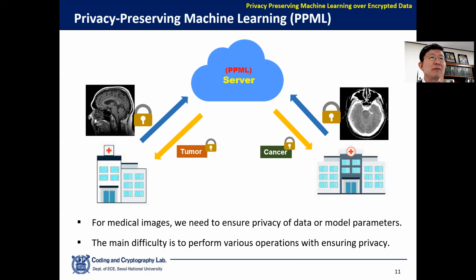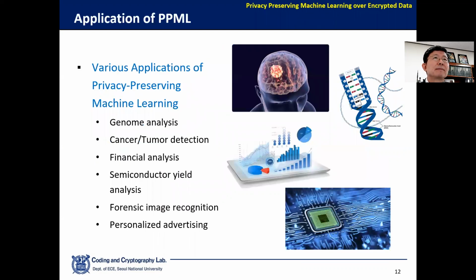So for medical imaging, we need to ensure the privacy of data or model parameters. The main difficulty is to perform various operations while ensuring privacy. There are many applications of PPML.